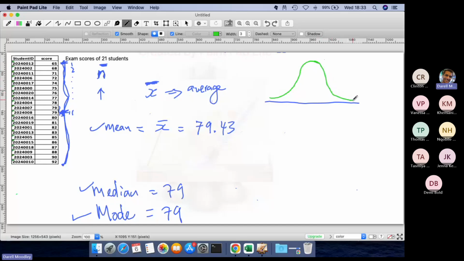Let's say the highest point is here. If I draw a line straight down, vertical, then what you see on the left looks identical to what you see on the right. Now this example is a symmetrical distribution.